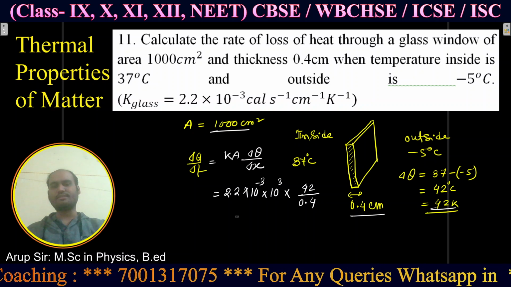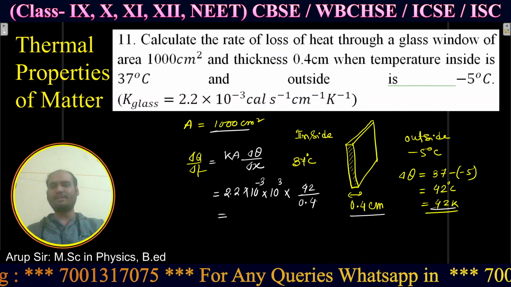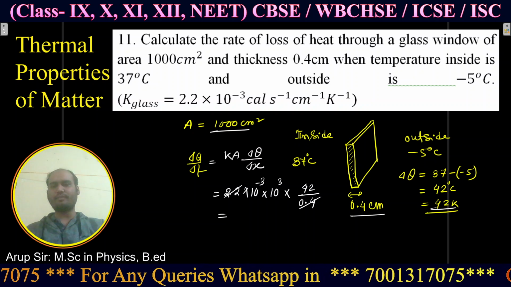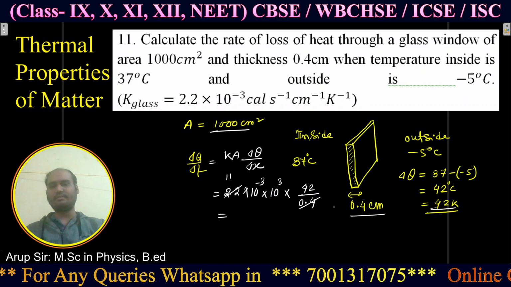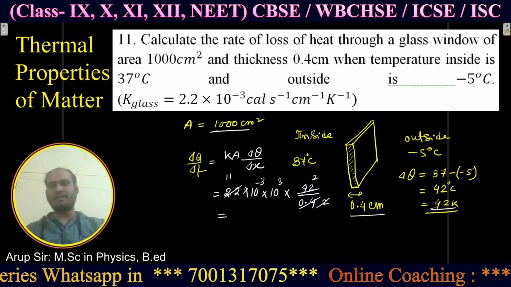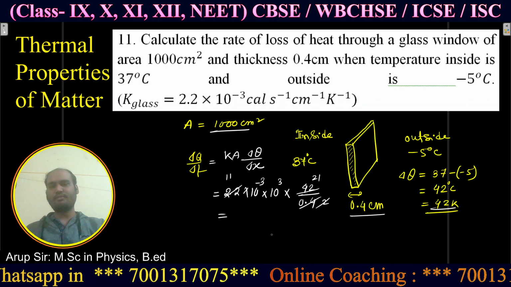I am putting this in. After cancelling, 0.4 and 22 give 11 and 2, and then 2 into 21 is 21.